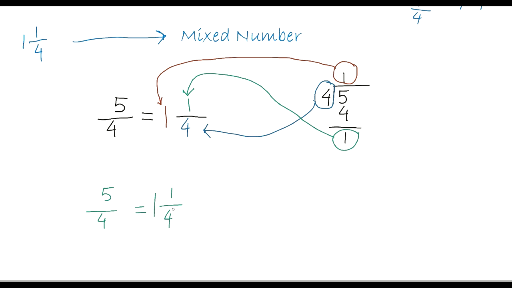And how can you convert a mixed number into an improper fraction? Let's try it. Suppose you have a mixed number. Let's have this one, 1 whole 5 on 8. Now you want to convert this mixed number into an improper fraction. How will you do it?